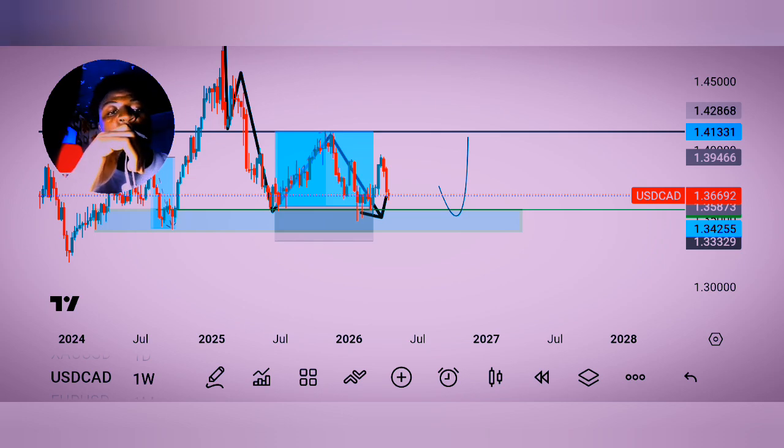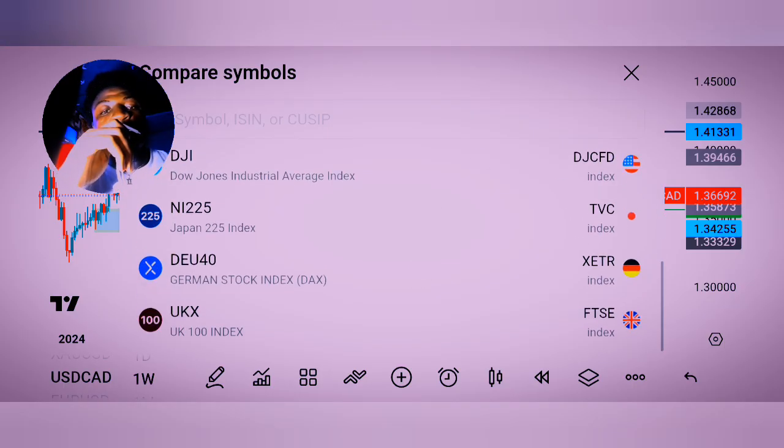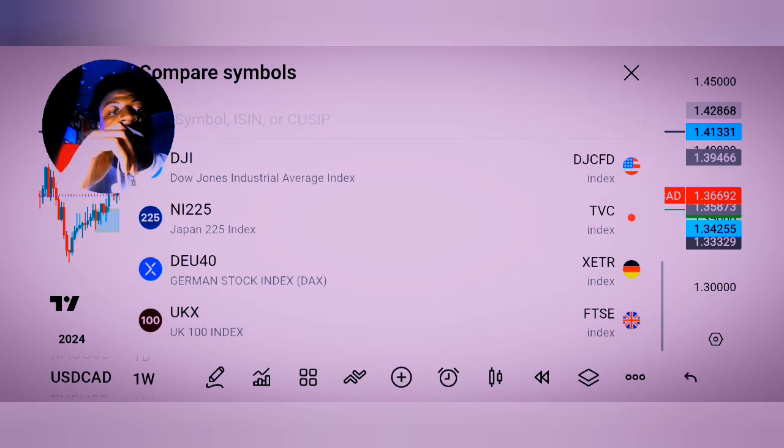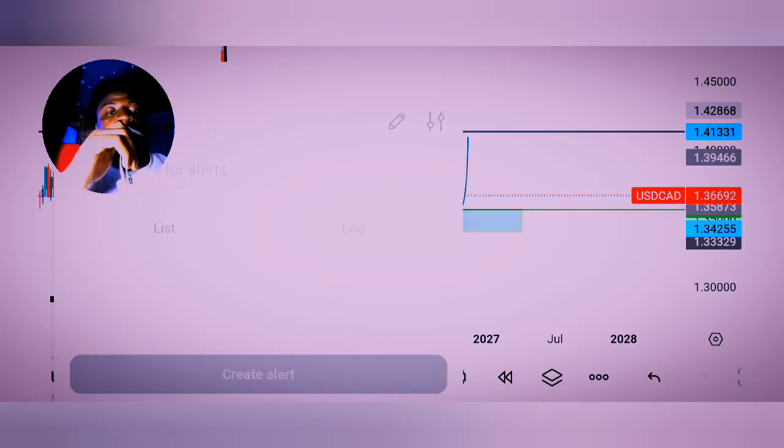So that's basically what that option stands for. If you are using a broker, I don't recommend brokers, the one that you know is reliable for you, you go with it. Then the next icon in the middle, we have the plus button, which is our watch list. When you want to add currency pairs to your watch list, like on our watch list now, you can see the USD CAD. This is where you click, and then you add these things and stuff like that.